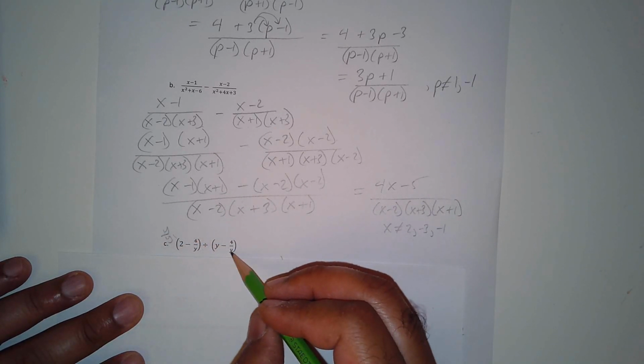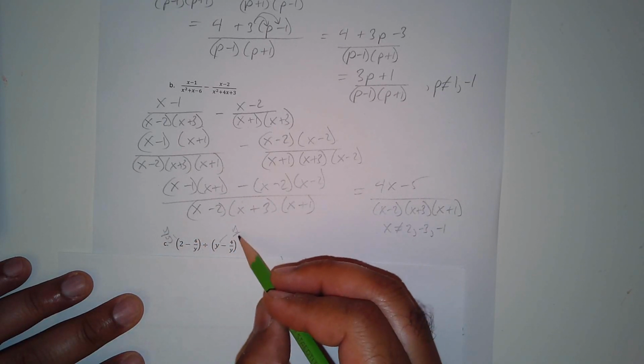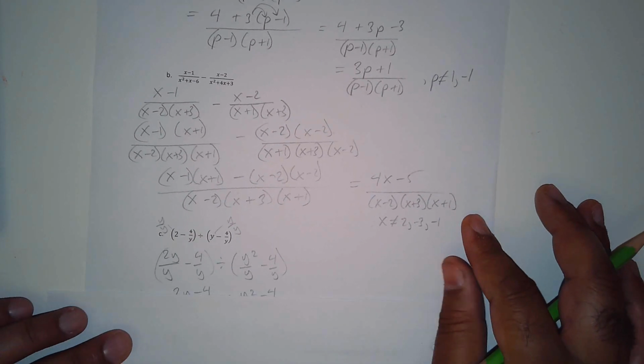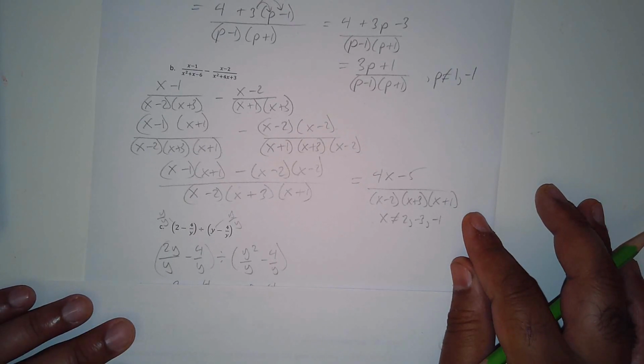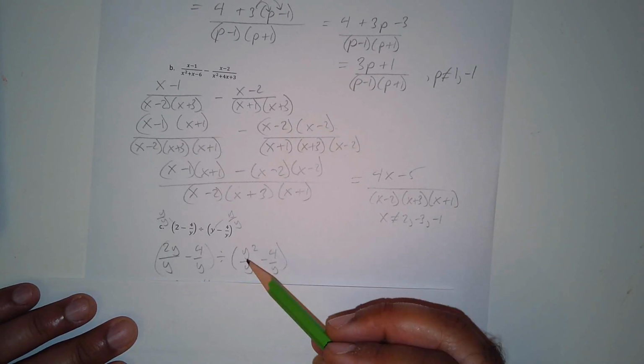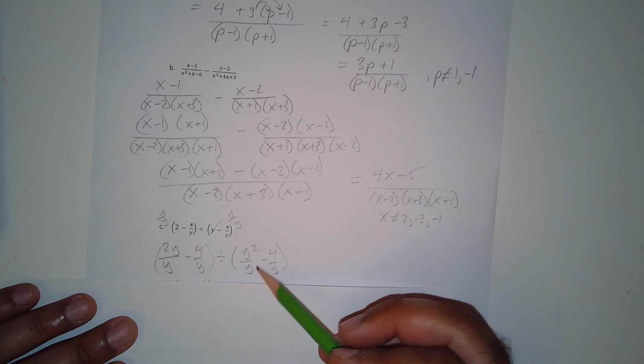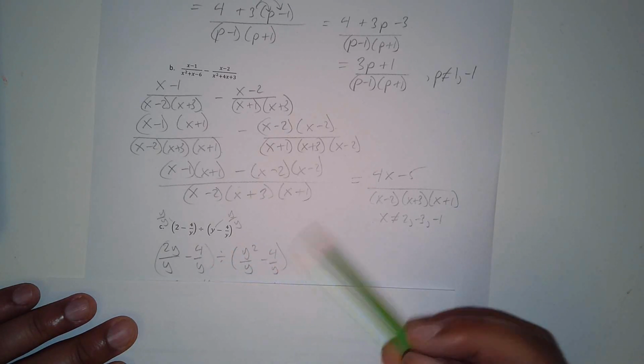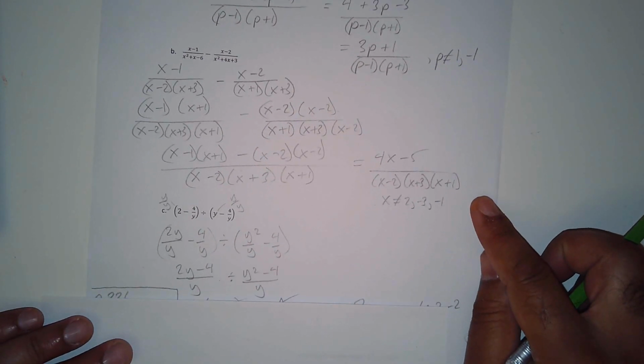And then I want this one over y as well, so I have to multiply by y over y. Okay, so that gives you 2y over y. And then this one becomes y squared over y. And so this is going to be 2y minus 4 and y squared minus 4.